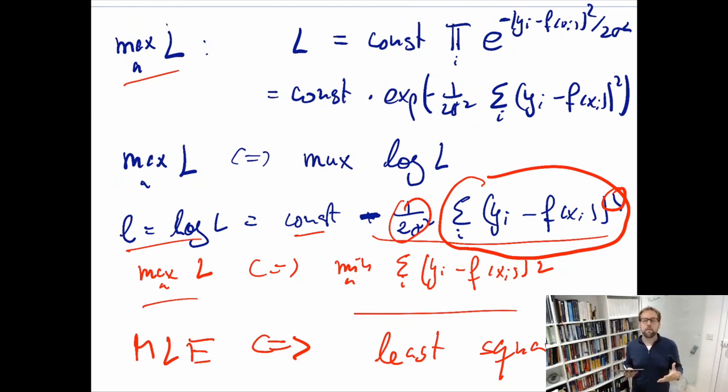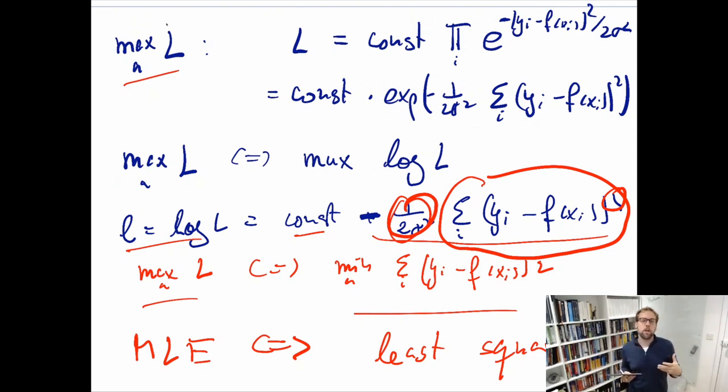For example, if I wanted the one which has the absolute value rather than the squares, I would have to use a distribution which is not Gaussian but with an absolute value, something like a Laplace distribution. Also, I can only take out this term here because sigma, the variance, does not depend on i. If each observation had a different variance, I couldn't take it out and I wouldn't have standard least squares. I would have some form of weighted least squares then.